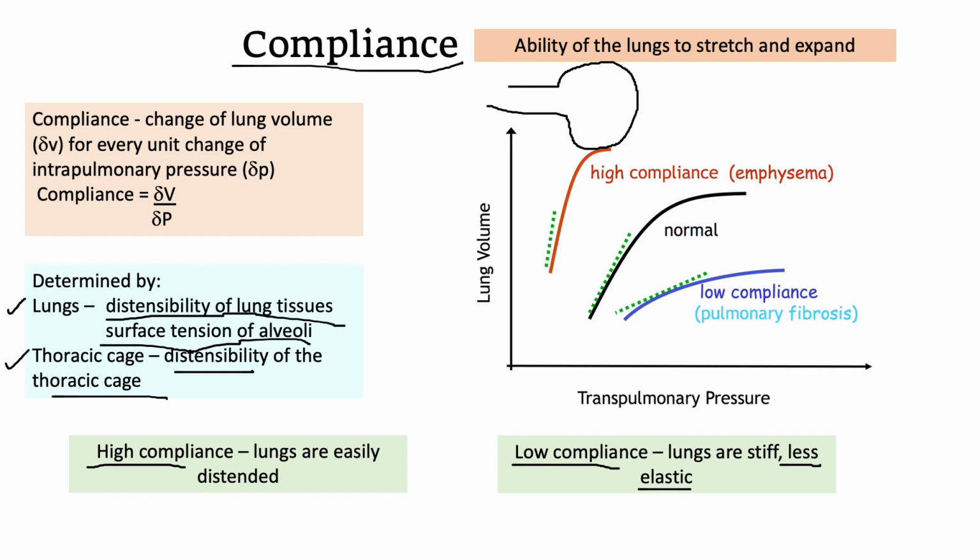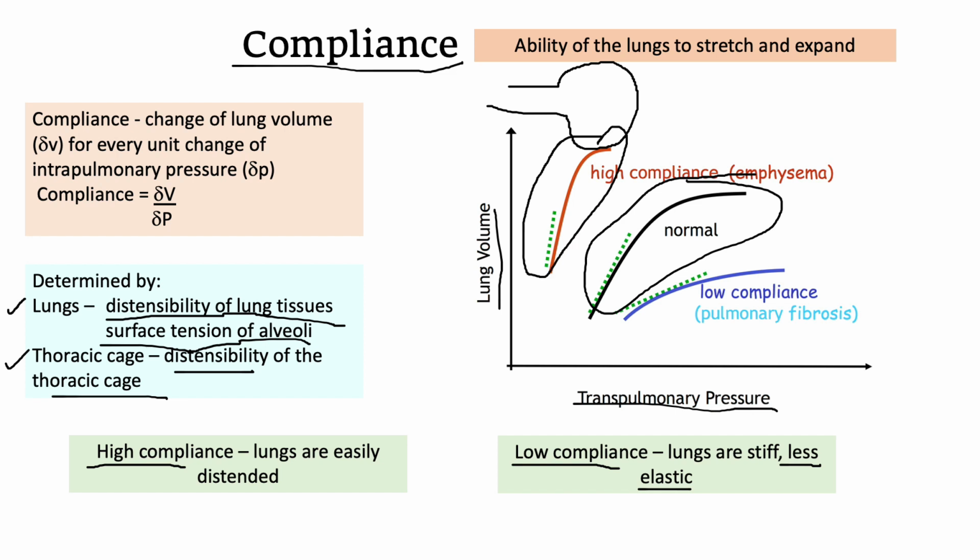Okay, so this graph is showing lung volume and the transpulmonary pressure. In the center is the normal compliance. Here on the left side is the graph for those with high compliance, meaning that even with low transpulmonary pressure, low pressure inside the lung, the volume of the lung increases very much, meaning it is highly distensible.